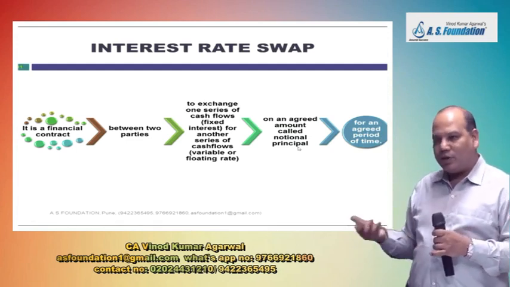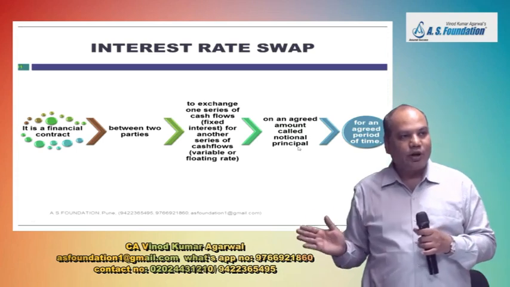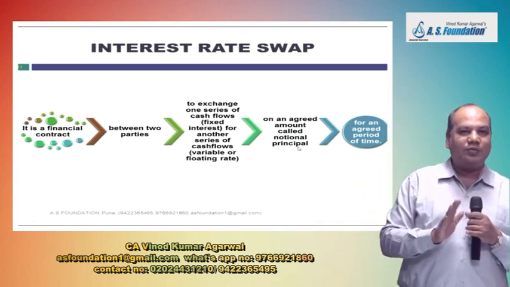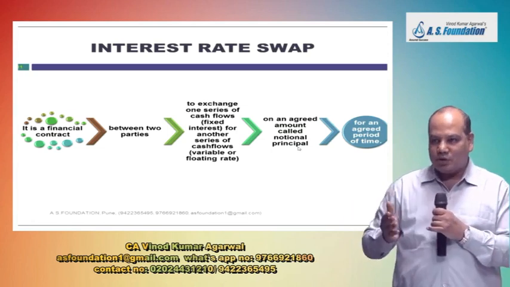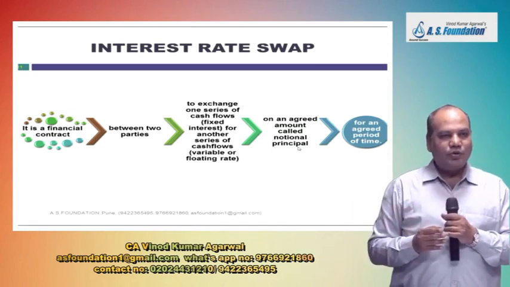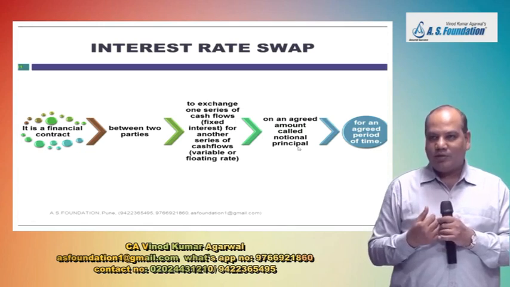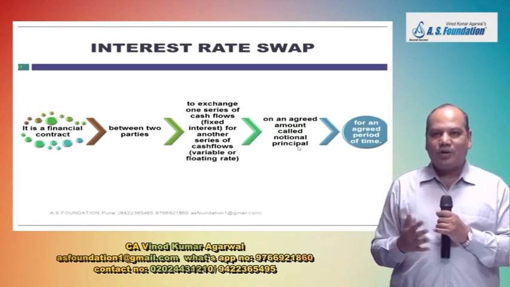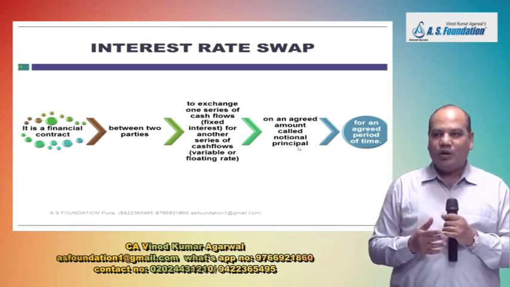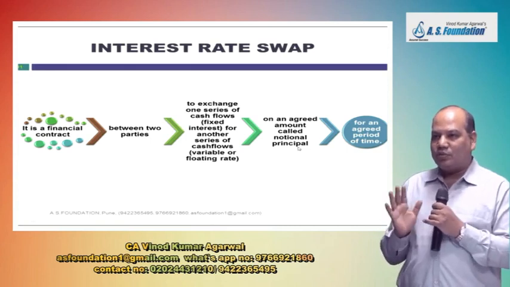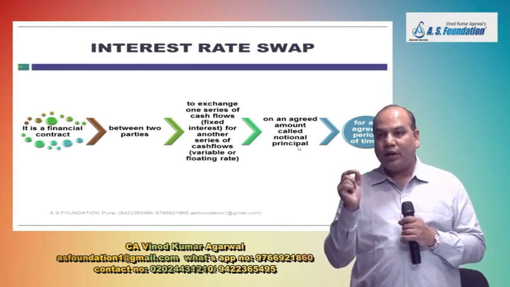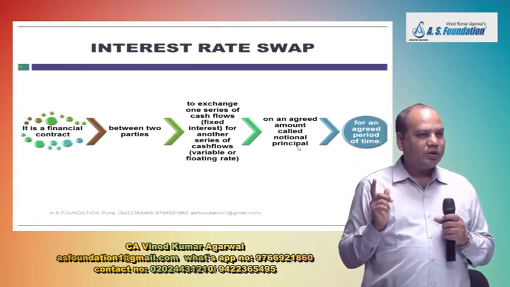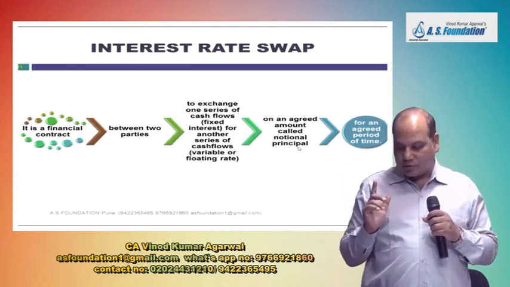Fixed rate obligation will remain fixed only, no problem, but floating rate obligation may change every period as the underlying benchmark rate like LIBOR may change. So sometimes the fixed rate payer may gain, sometimes the floating rate payer may gain. So the winner will pay the difference to the loser. Okay, and we have to pass an entry for only the net difference here.